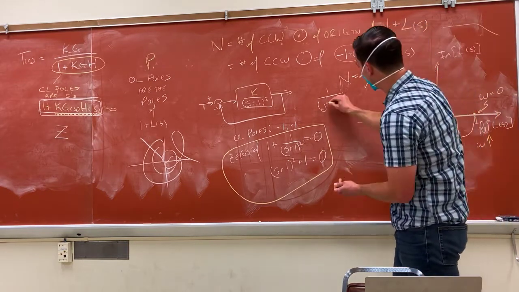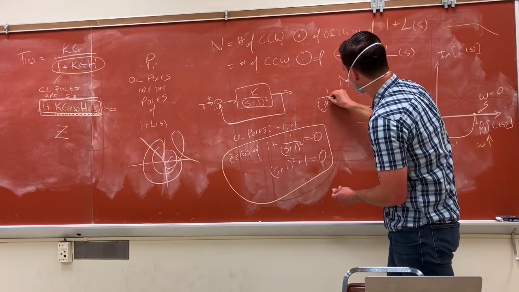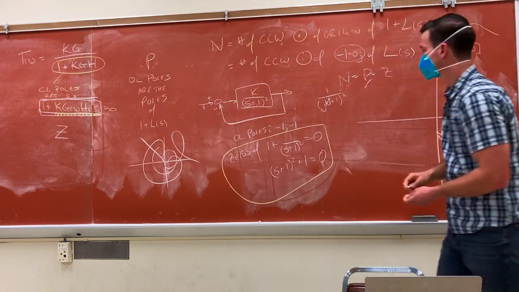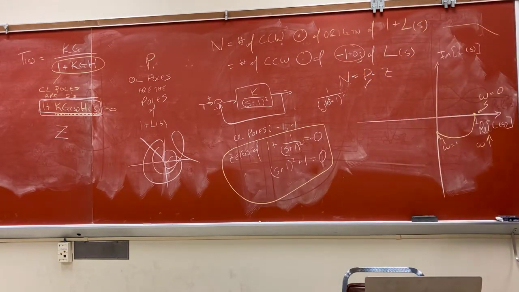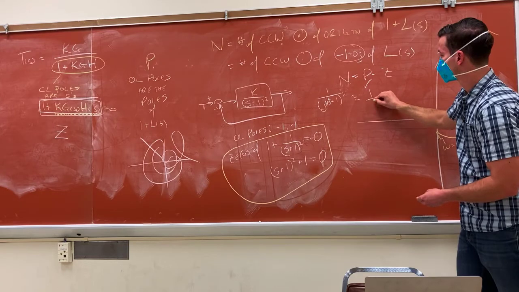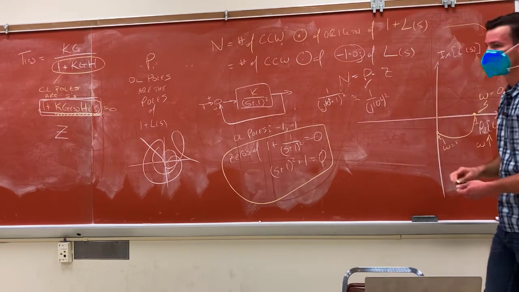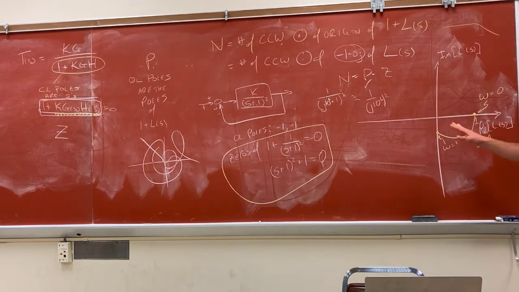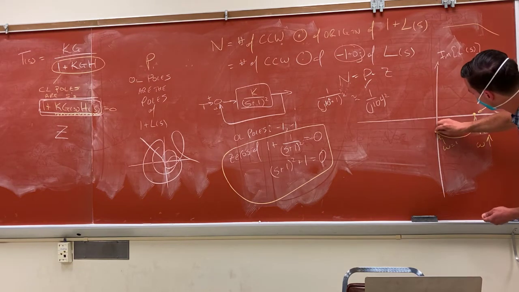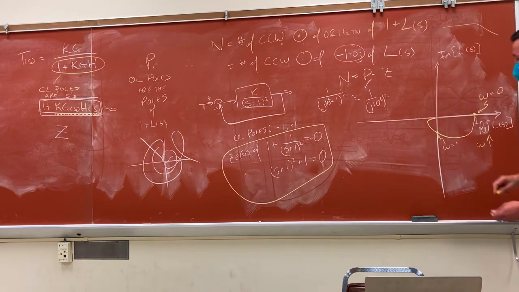As this gets big, 10 to the 6, this looks like a negative number, which looks like a west-facing phasor. So we're going to end up with a spiral like that.